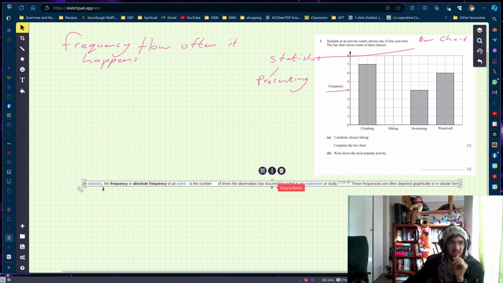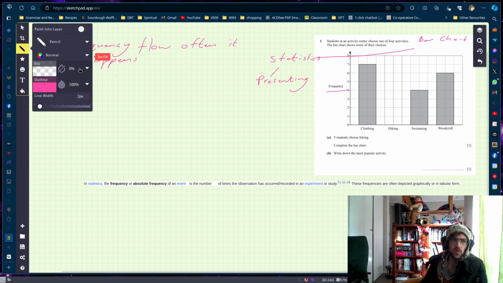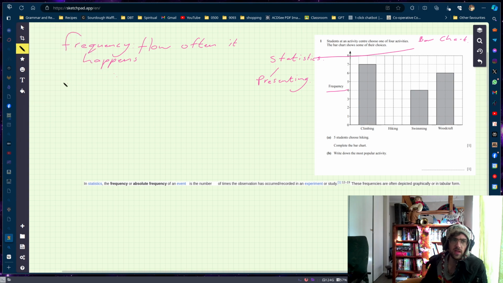Okay, so in statistics, the frequency or absolute frequency of an event is the number of times an observation has occurred or been recorded in an experimental study. These frequencies are often depicted graphically or in a tabular form. So, how often in a set? Frequency is always going to be closed, or in a closed set.